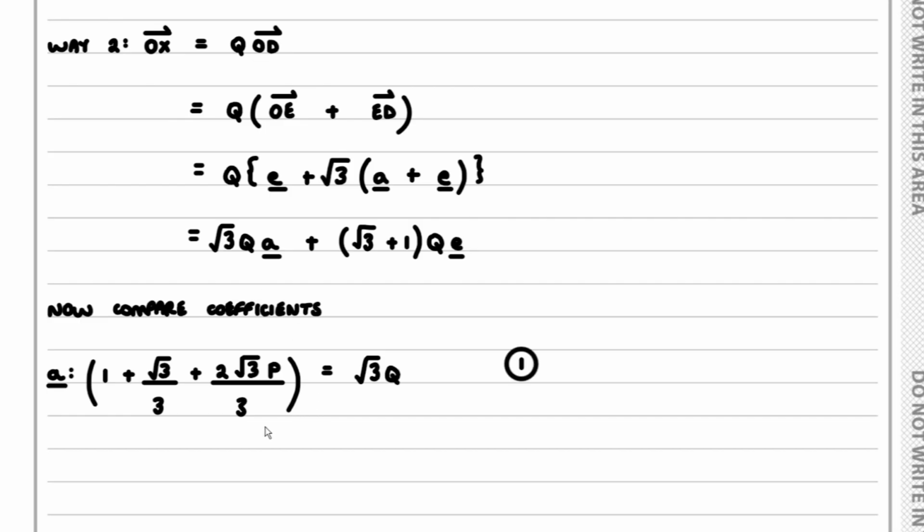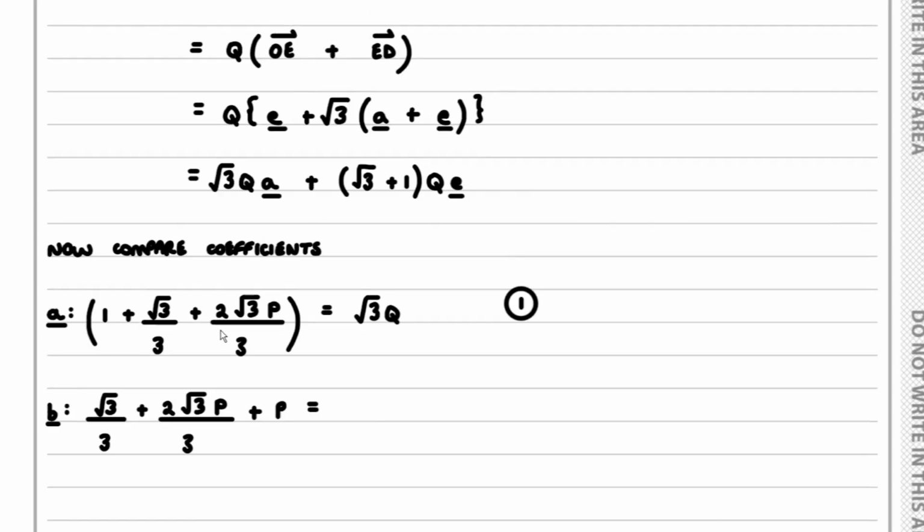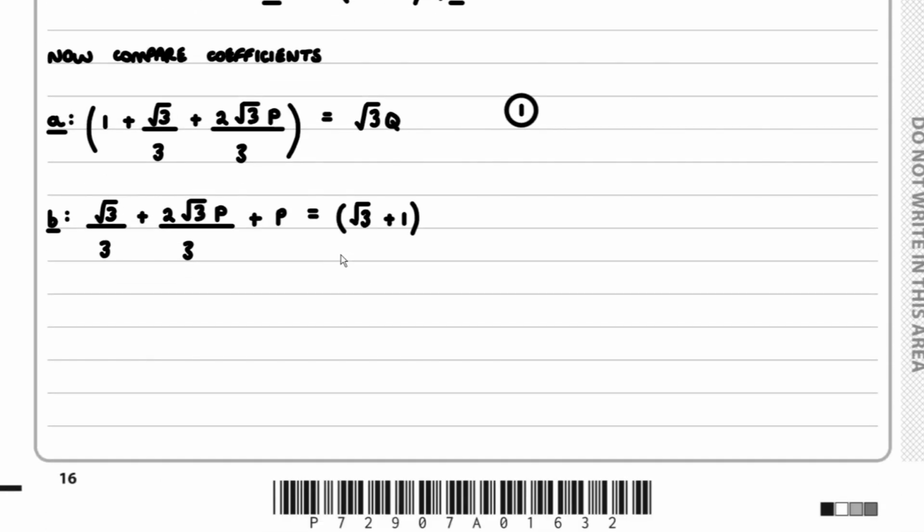I'll call this equation 1. And if I compare the E's, I've got √3/3 plus 2√3p/3 plus p, which is what I had here, equals √3 plus 1 q. I will call this equation 2.